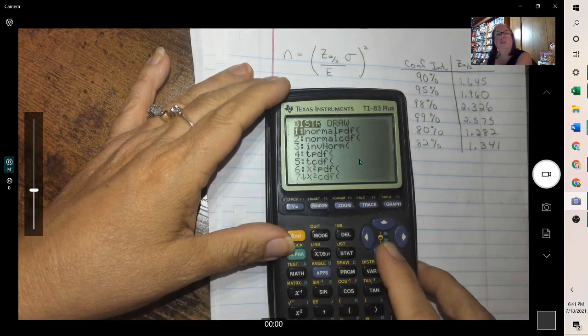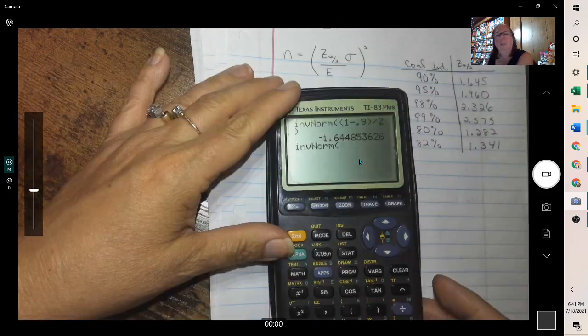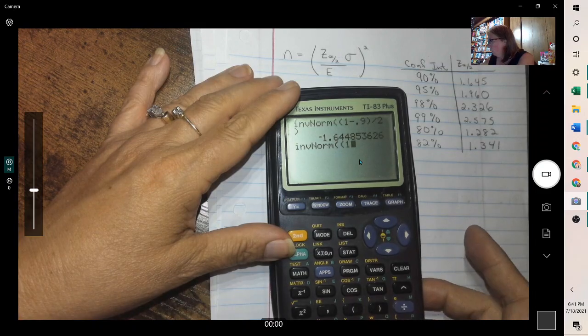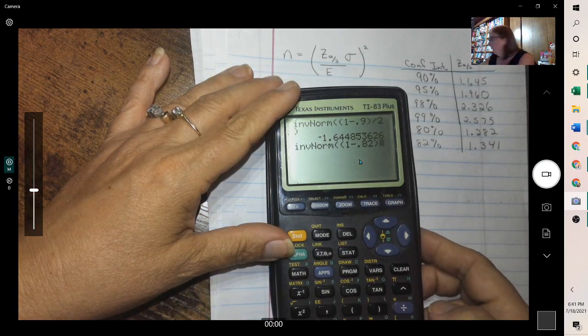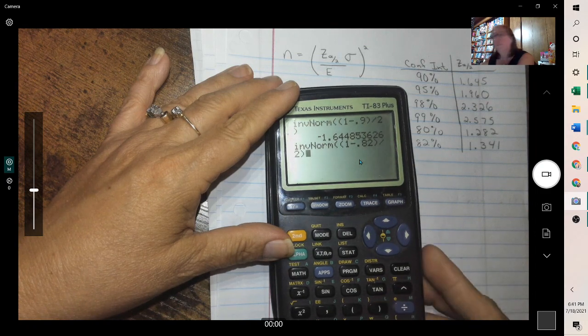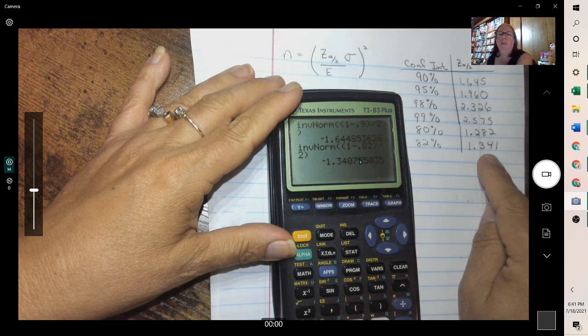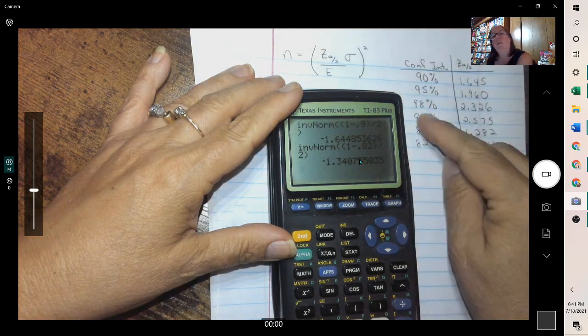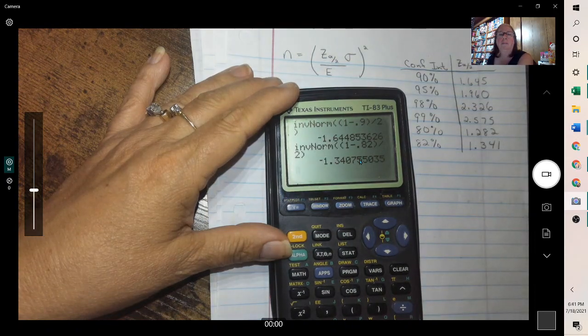Second, distribution. Go down to inverse norm. Now this time it would be 1 minus 0.82. Close your parenthesis and divide by 2. And you get 1.341. So if it's not one of the usual ones, you can find it using your calculator.